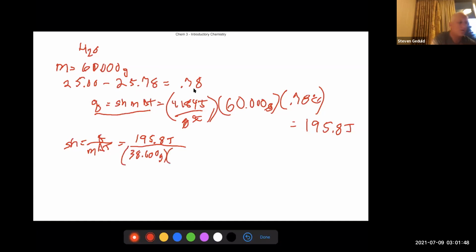And the change in temperature for the gold: what did we heat the gold up to? 65.17? Yeah. We heated the gold to 65.17, and the final temperature is 25.78.